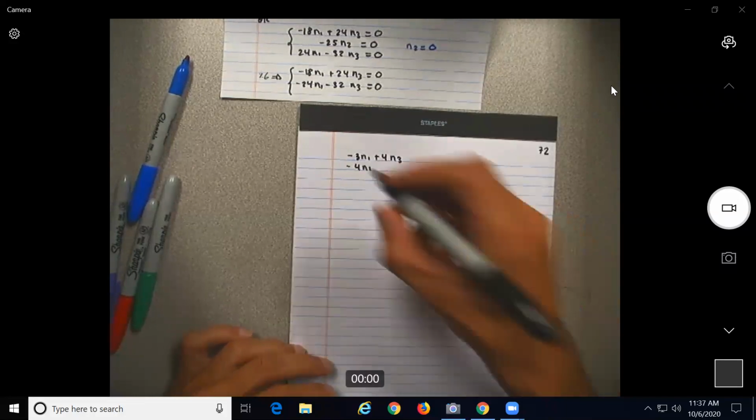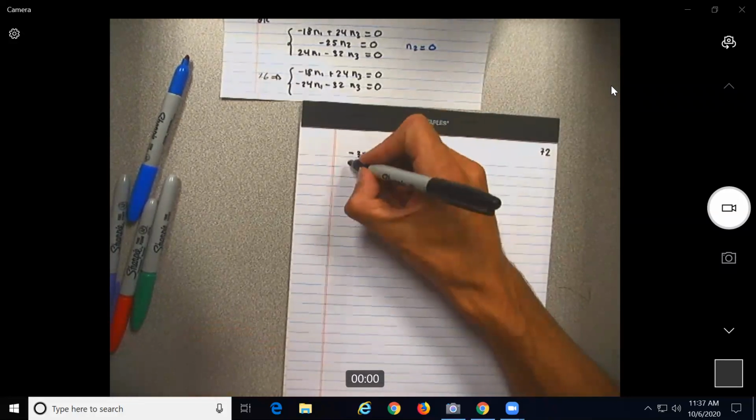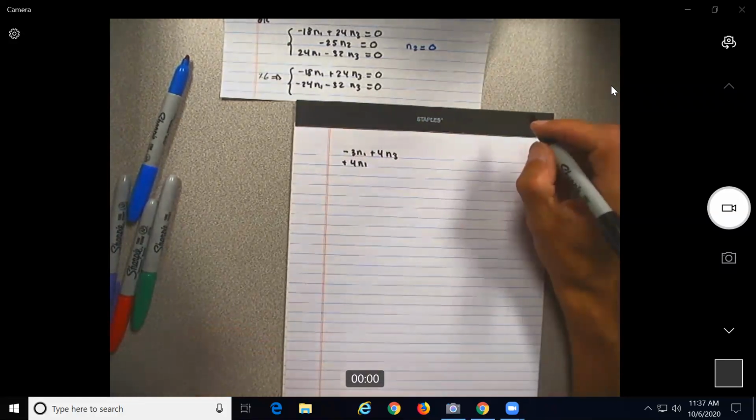Yeah, I have something different here in my notes than what I have here.